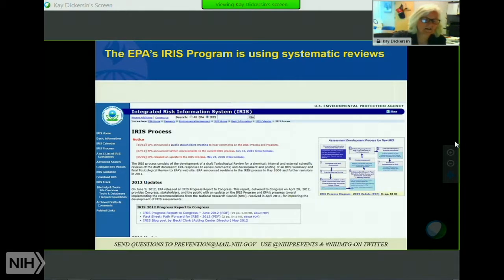The EPA, the Environmental Protection Agency, is doing systematic reviews to try to detect how much of various toxins are okay to release into the atmosphere or water, to say what the limits should be.